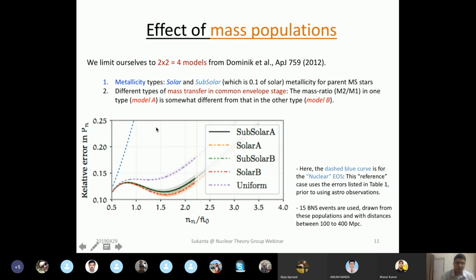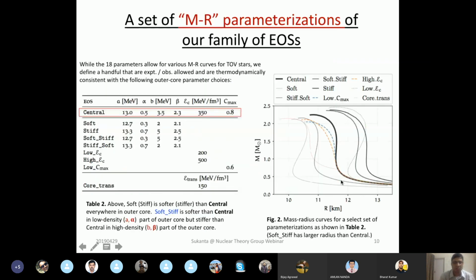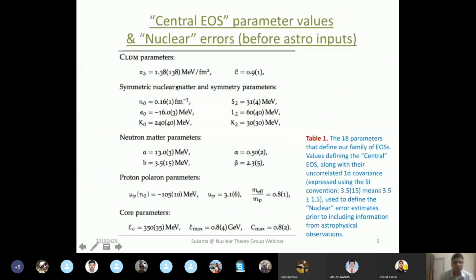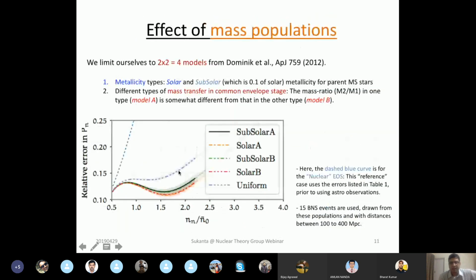So when we limit ourselves to the nuclear equation of state, meaning it has the central equation of state values, and the errors are as noted in the parentheses shown here, typically some of them as high as 100%, but some as low as about 10%.